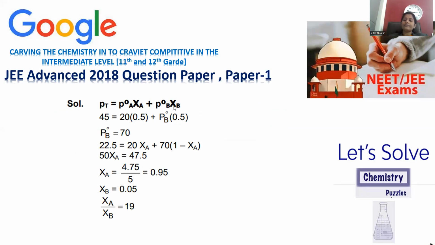Let me take the pressures of the 2 individual solutions. So total pressure at the temperature T is given by P naught A XA plus P naught B XB, right? This is the equation for the binary solution where 2 solutions got mixed. At the temperature T, vapor pressure is given as 45 torr within the problem.